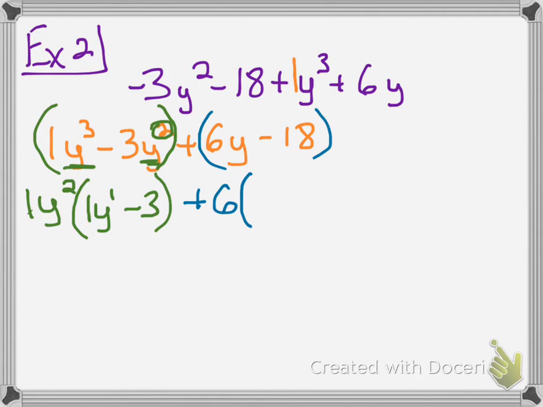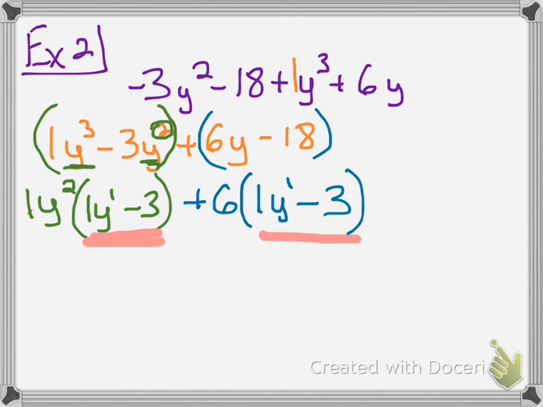I'm just going to leave it alone. 6 divided by 6 is 1. Bring down y. Uh-oh. What did I say from the previous problem? What's inside this parentheses should be the same thing here when you get done factoring by grouping. Negative 18 divided by 6 is 3.